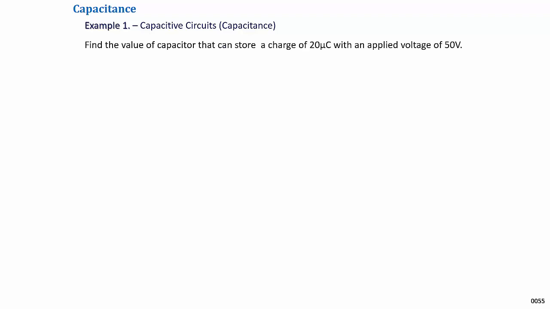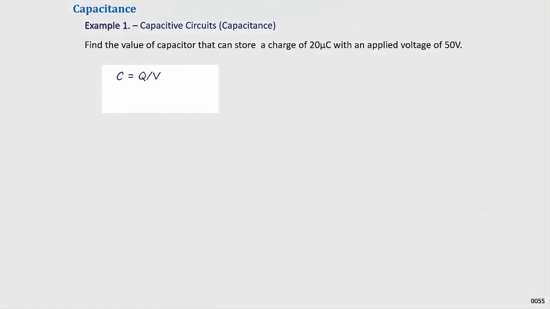The following example is in the accompanying workbook, Capacitive Circuits, Capacitance. Here we have been asked to find the value of capacitor that can store a charge of 20 microcoulomb with an applied voltage of 50 volts.